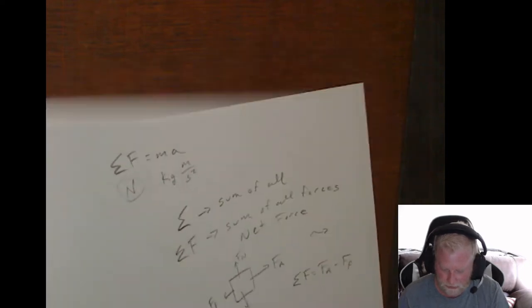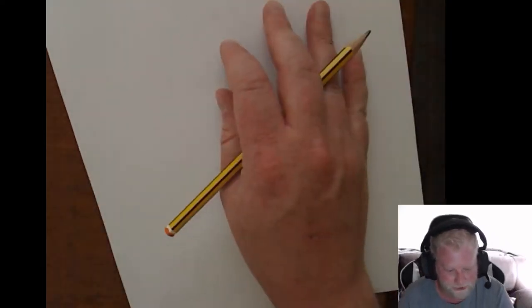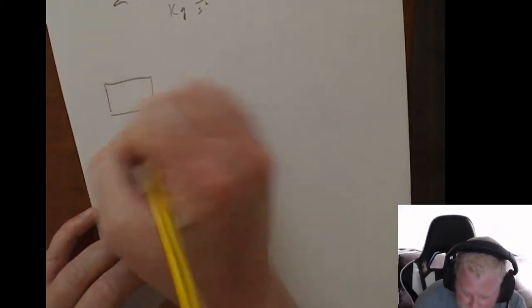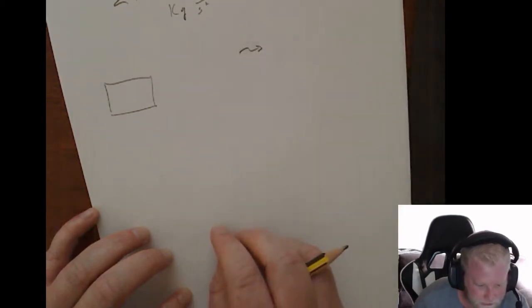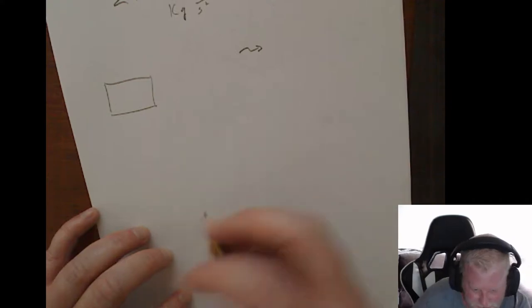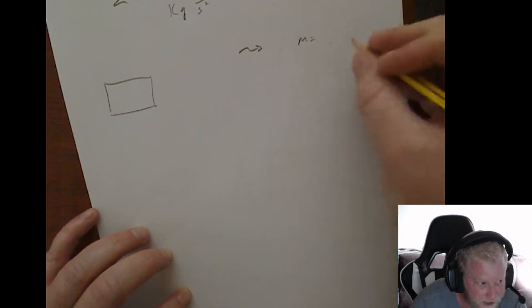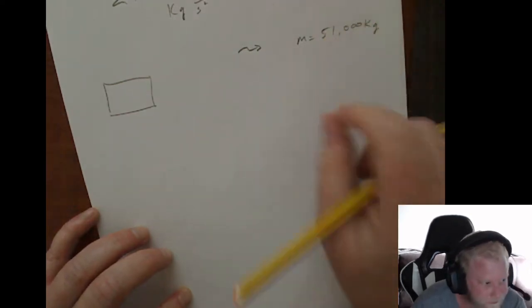If we are dealing with forces, the first thing you want to do is always draw a free body diagram. So this is our jet plane. It's moving down the runway this way. It has a mass of 51,000 kilograms, so we'll just tack that over here: mass equals 51,000 kilograms.